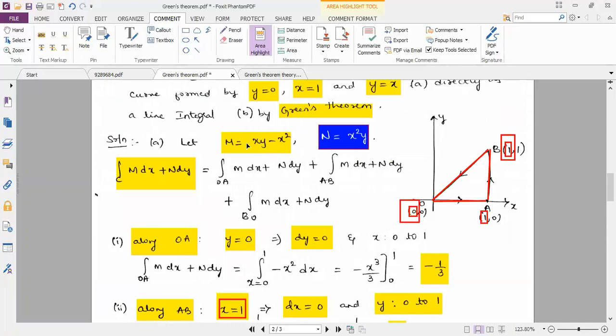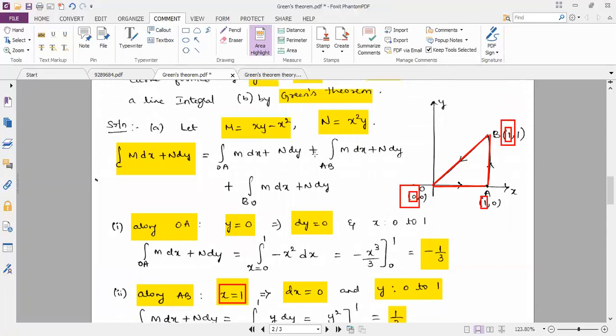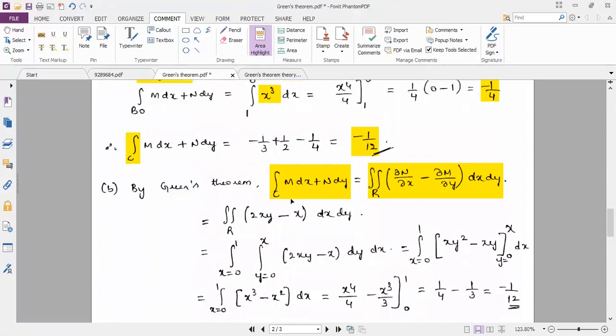Similarly dou m by dou y will be x into 1 minus 0, which is just x. Substituting these, we have 2xy minus x into dx dy. Now the integral limits.